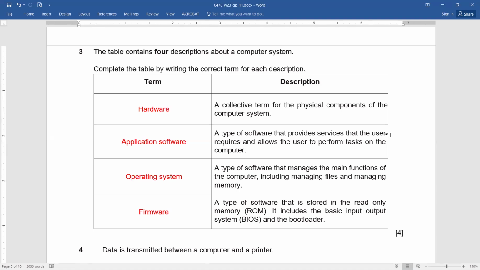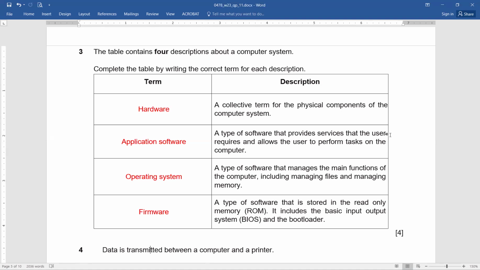Fine. A type of software that provides services that the user requires and allows the user to perform tasks on the computer. See, it means they're expecting me to write the type of the software, and we know the application software is the right answer.